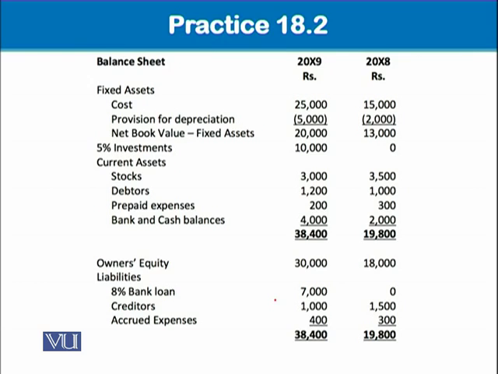Here we have a practice question where we have the balance sheet, as I told you, for the year 2000x9 and for the year 2000x8, as on its closing dates. We have fixed assets, investment, current assets, and owner's equity.